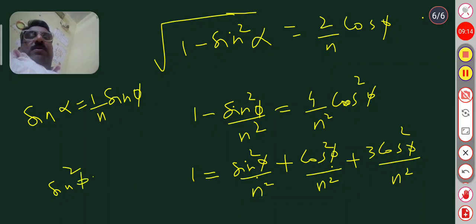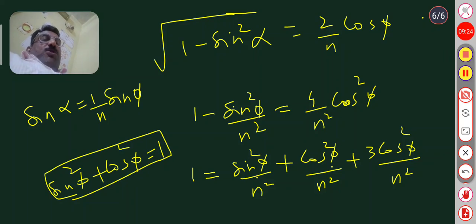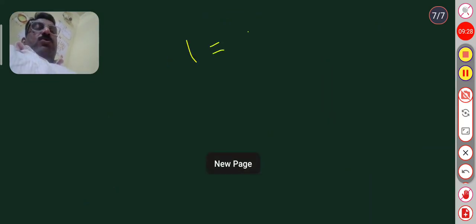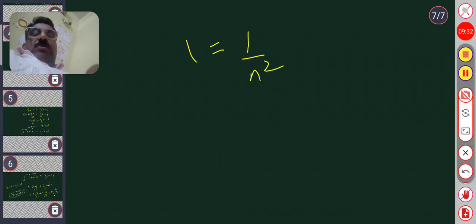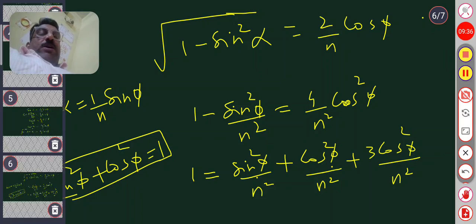So when you add sine square phi and cos square phi, you get sine square phi plus cos square phi is equal to 1, isn't it? So if you substitute here, you will get 1 is equal to 1 by n square plus 3 cos square phi by n square.